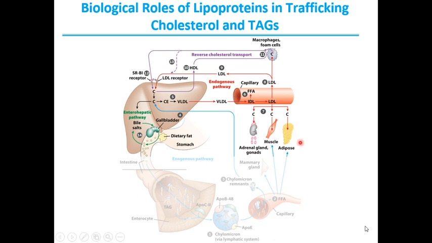Adipocytes take up these fatty acids and reconvert them to triacylglycerols and store the products in intracellular lipid droplets. Myocytes are the muscle cells. In contrast to the adipocytes, they primarily oxidize the fatty acids that are delivered from VLDL to supply energy.